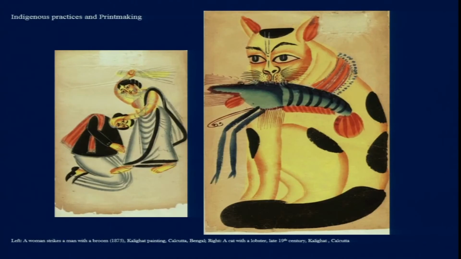So with this we also look into a number of different printmaking practices which were prevalent among the indigenous people. We see that during this time period in the 18th century and later mostly in the 19th century, it's not just the Britishers who are involved in making the prints.